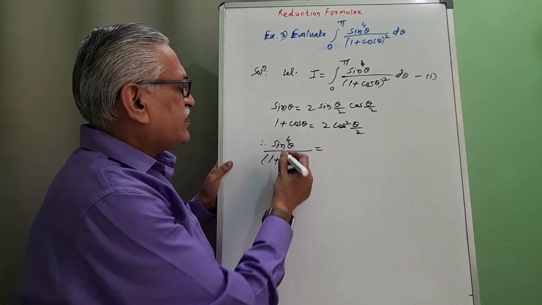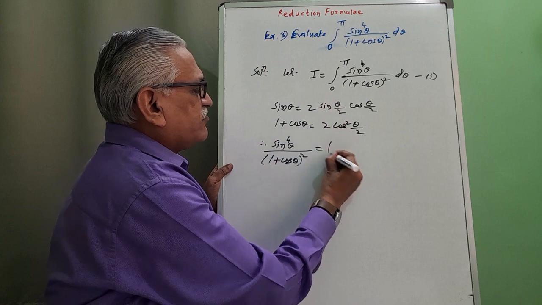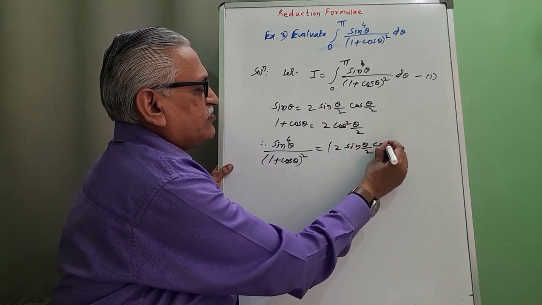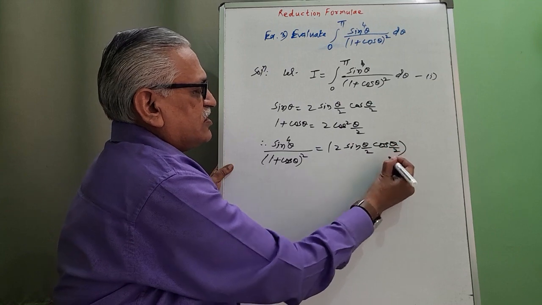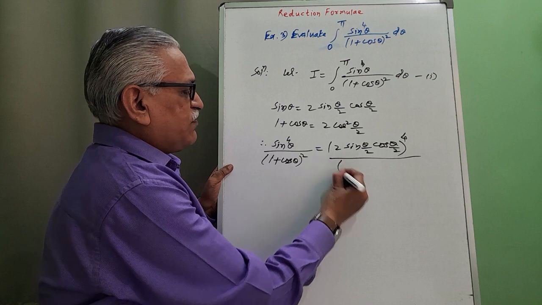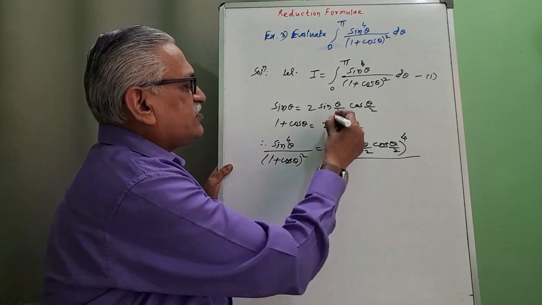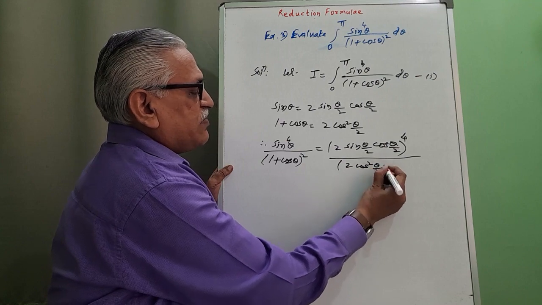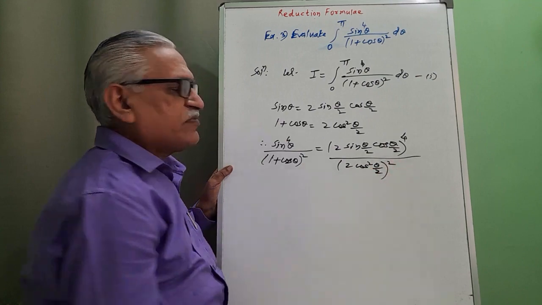it becomes, we replace sin theta as 2 sin theta by 2 into cos of theta by 2, that raised to 4 whole divided by 1 plus cos theta. 1 plus cos theta is 2 cos square theta by 2 and its square.